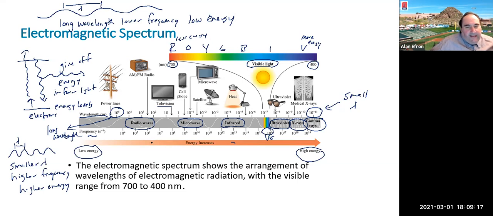You don't need to know any specific numbers, but you need to be able to put things in order, from shortest wavelength to longest, lowest energy to highest, and so forth. So if you're given some of those, like radio waves, infrared, UV, visible part of the spectrum, you need to be able to put them in order.